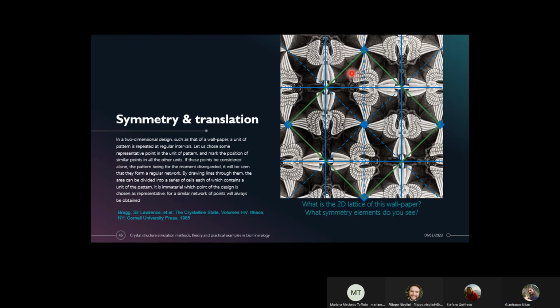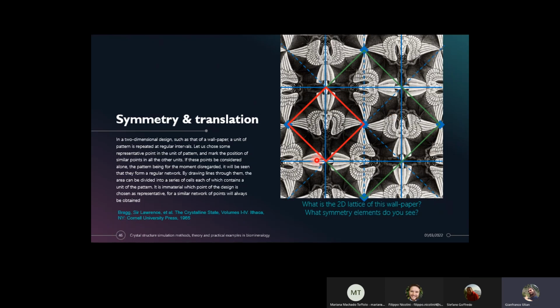Yes. If you consider this square here, and you consider the half of this square here, you have the triangle.